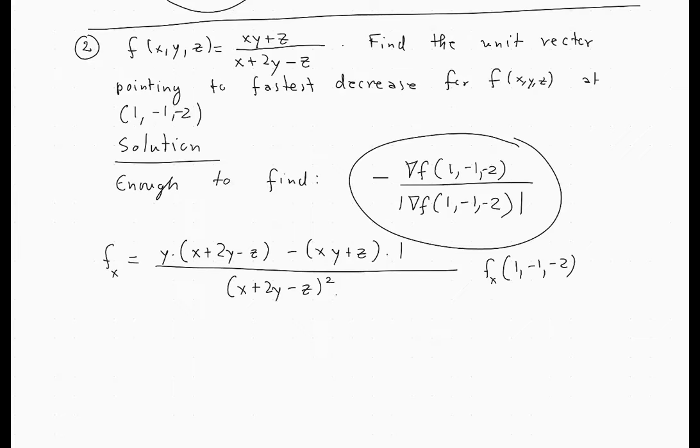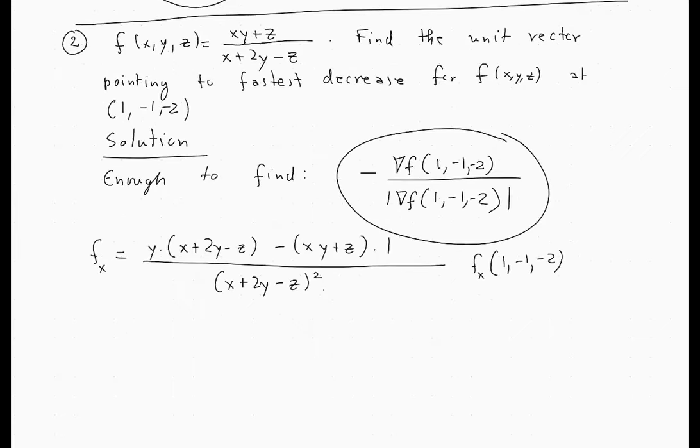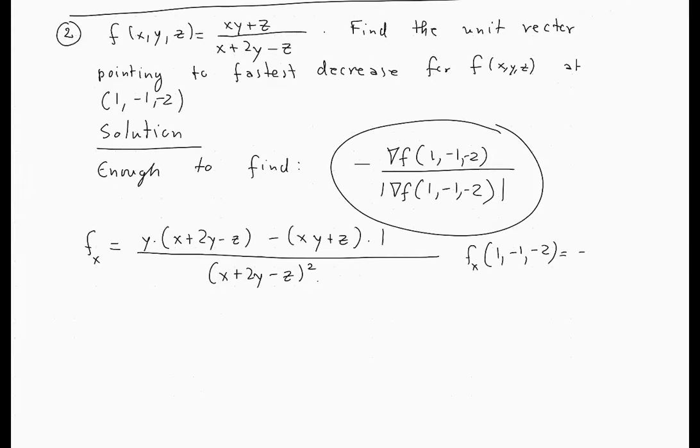So we have the number -1 here, multiplied by 1, and then we have minus xy, which is -1, plus z, which is -2.